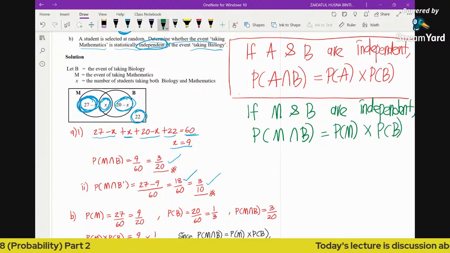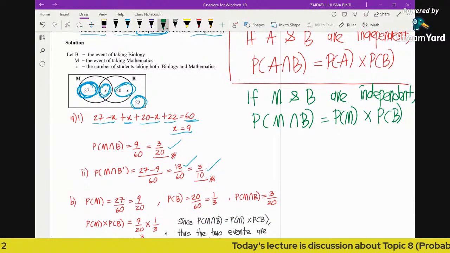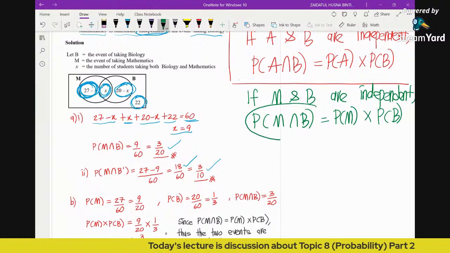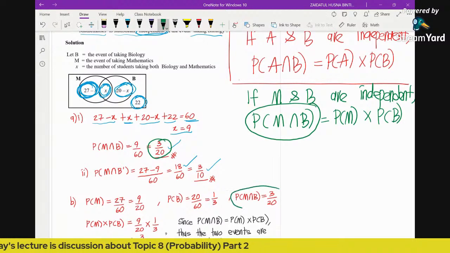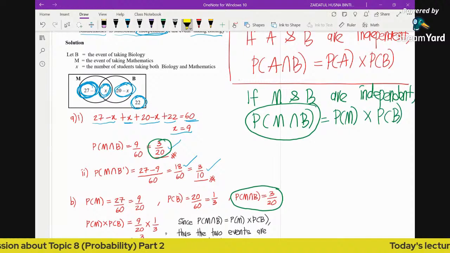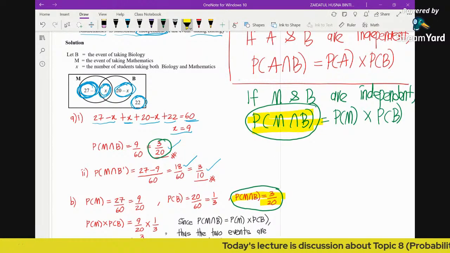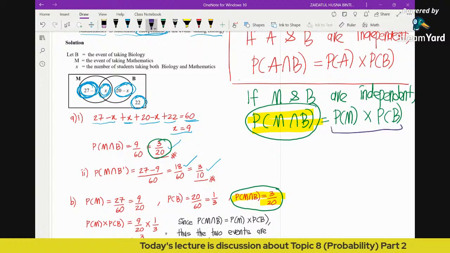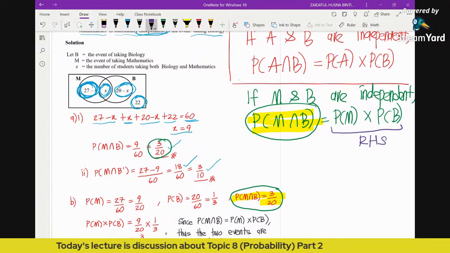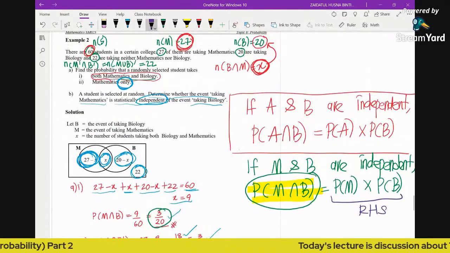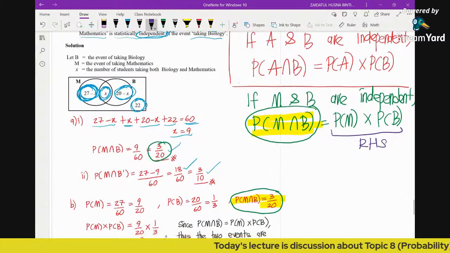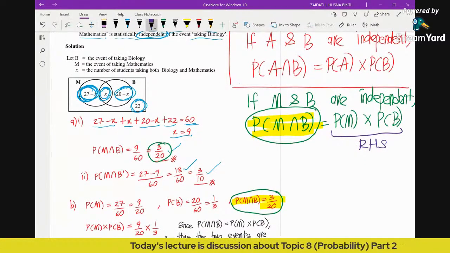So now first, let us check probability of M intersect B. M intersect B is this one, right? We have obtained earlier, 3 over 20. Okay, done. Now let's check the right hand side, probability of M multiplied by probability of B. Because we are given in the question that there are 27 taking maths, probability of M is 27 over 60, which is 9 over 20.